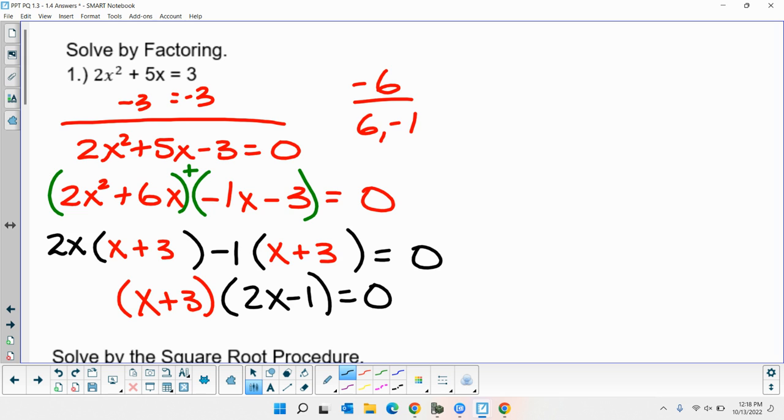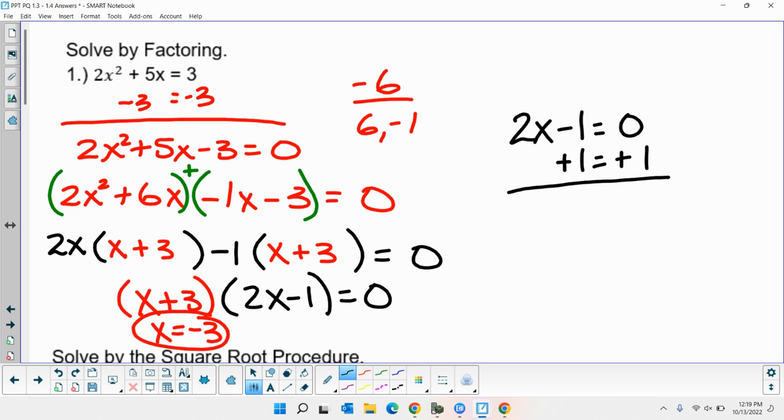Okay? So what's the red answer? Negative 3, right? Sometimes we forget that it's the opposite, right? Don't forget that tomorrow. Some of you can do this in your head. Some of you can't, and that's okay. Just write it out and do the work. What's the first step?